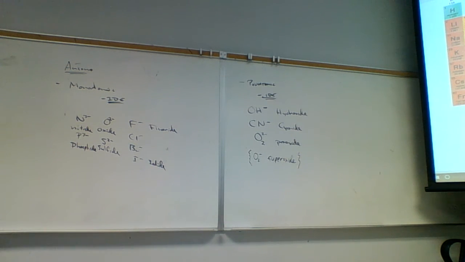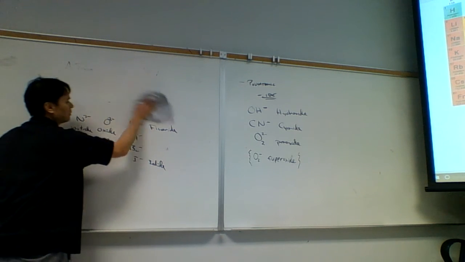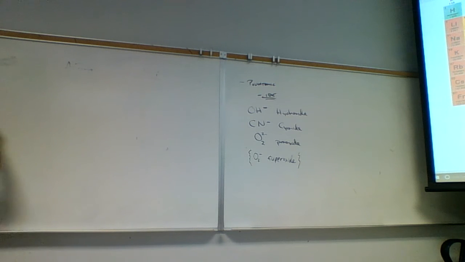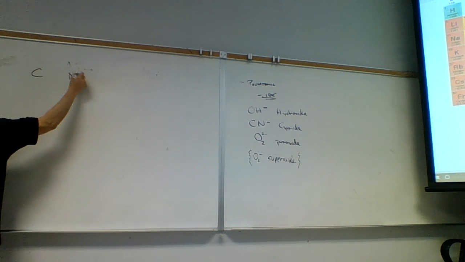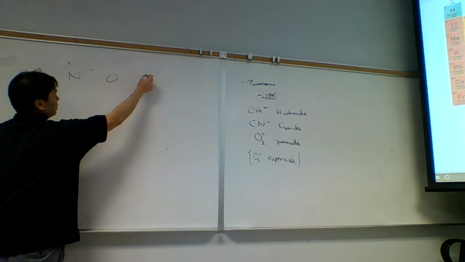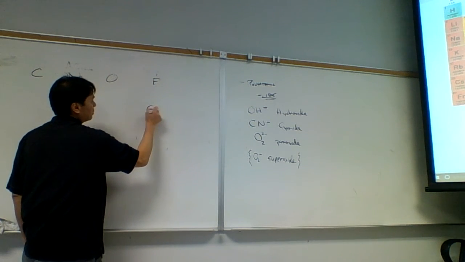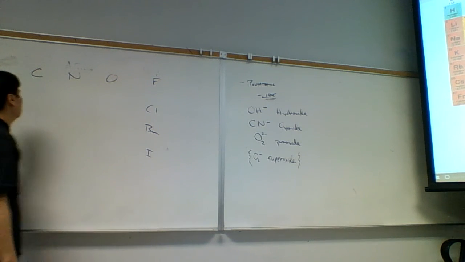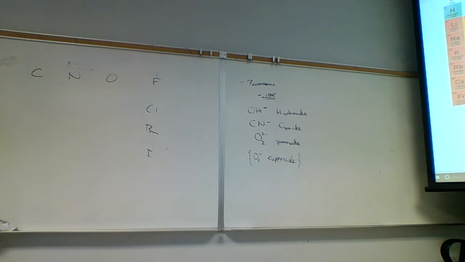If we look at the periodic table, let's go ahead and draw part of the periodic table up here, starting with boron. What comes after boron? Carbon, after carbon, nitrogen, oxygen, fluorine, and then go down. Chlorine, bromine, iodine. And then we look at the ions. Borate, this one would be called carbonate.